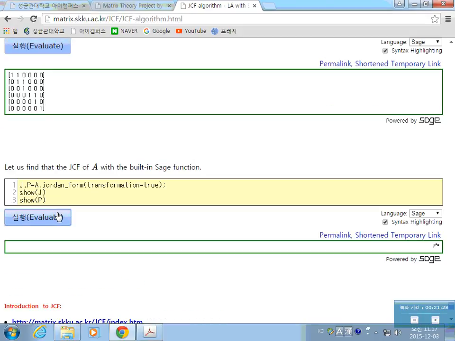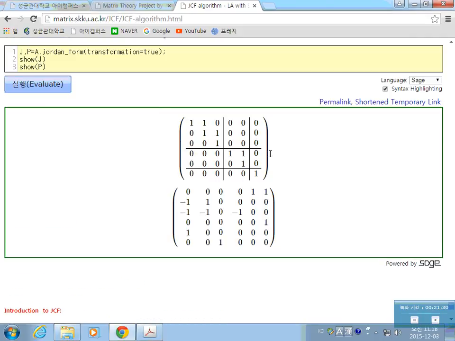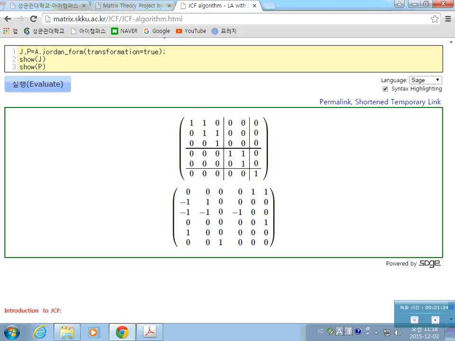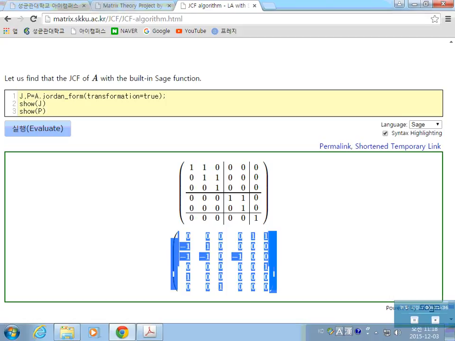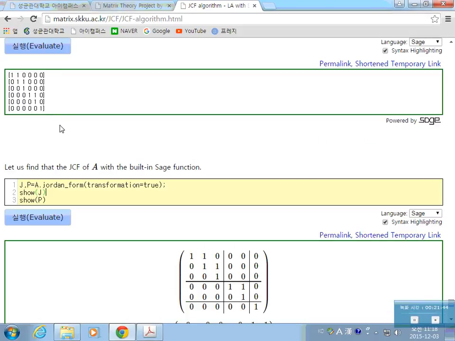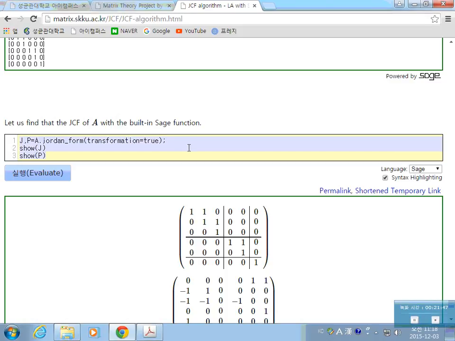Like this, this is a Jordan canonical form J, and this is a transition matrix P. Actually it ended with these 3 lines. All of the above were combined in here, like this.